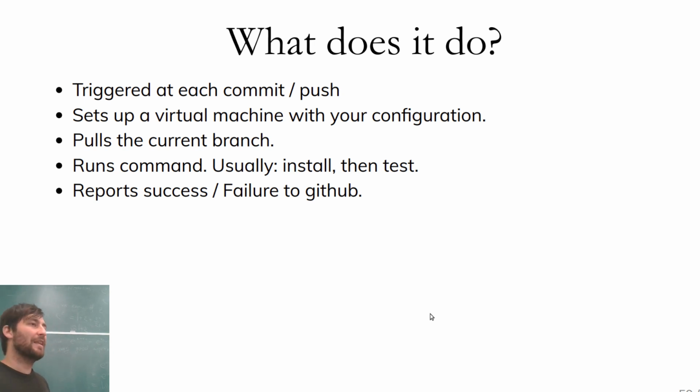If pytest succeeds, this is sent back to GitHub, and you get a green check mark. If pytest fails, you get a red X. You can run many other things, like checking for style, or checking if your homework's correct. That's actually what a lot of people do, using these for checking correctness. We're not going to do that.